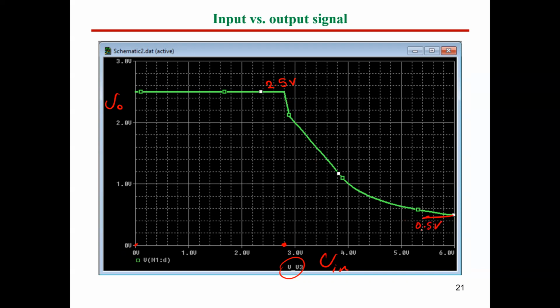If we are going to use this transistor as an inverter, you have to consider that the active high signal should give a very small value, like 0.5 or at least less than, let's say, 0.8 volt here. So you have to make your input signal from 4.4 to 6 volt. This range would be acceptable for an active high signal to be converted to active low.